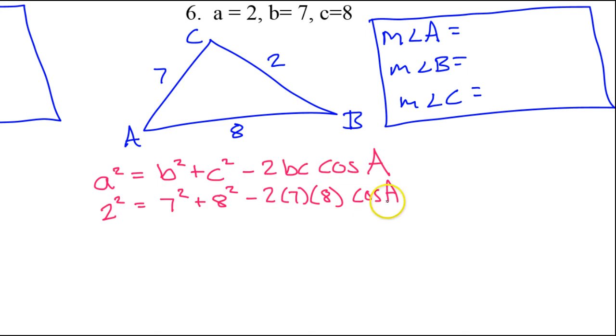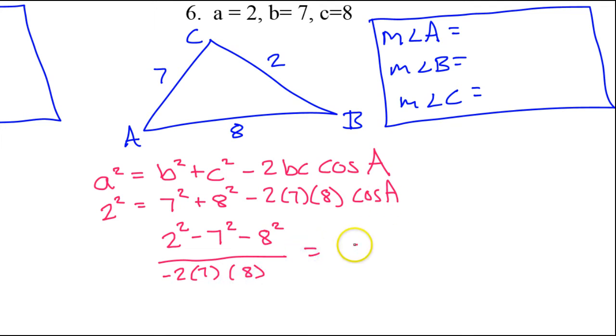If I want to get cosine A by itself, I need to subtract these two terms and then divide by everything in front of cosine A. So let's start by subtracting these two terms. So that'll be 2 squared minus 7 squared minus 8 squared. And then now here I'm going to divide by everything in front of cosine A. So I'm going to be dividing by negative 2 times 7 times 8.